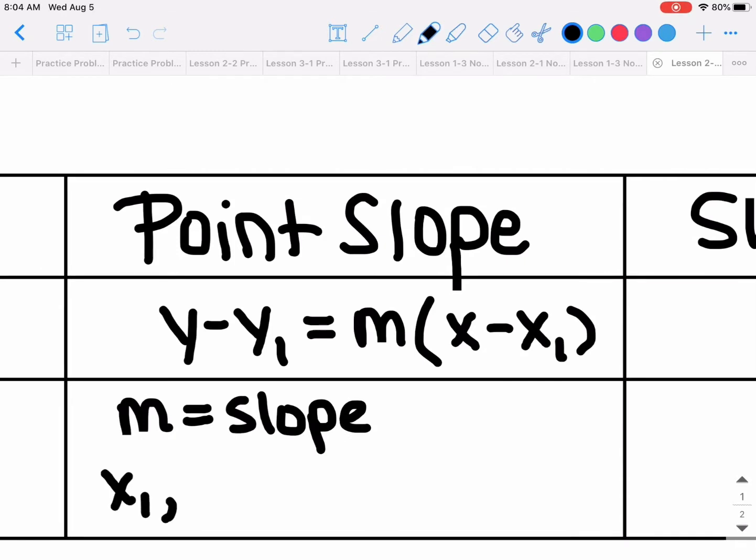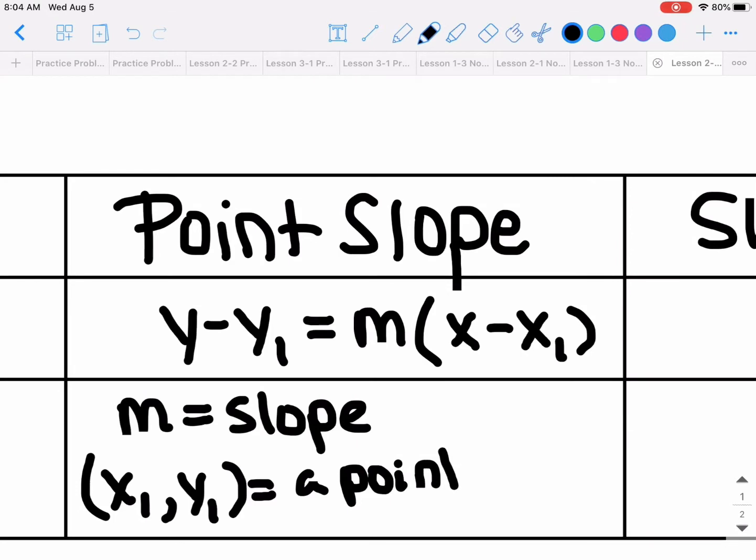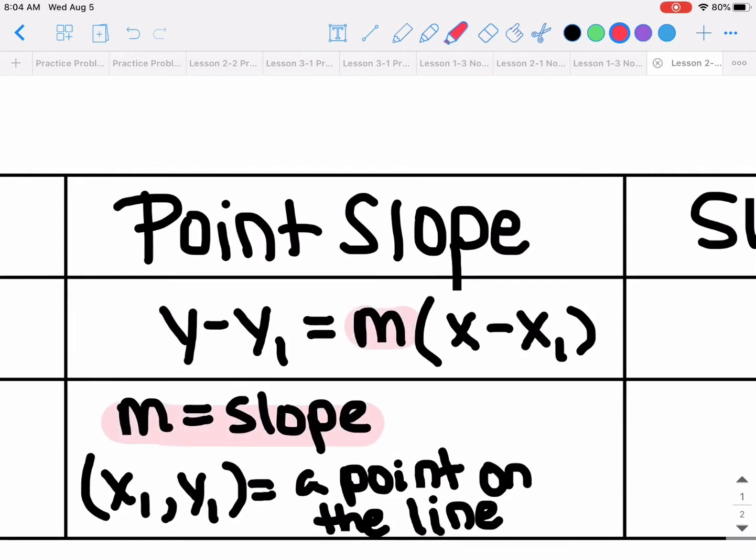X sub 1 comma y sub 1 represents any point on the line. So all we need for point-slope form to write the equation is the slope and 1 point on the line.